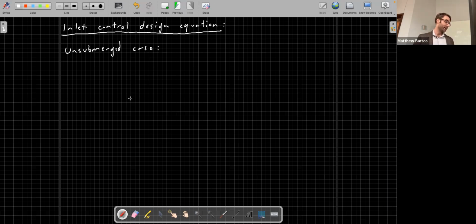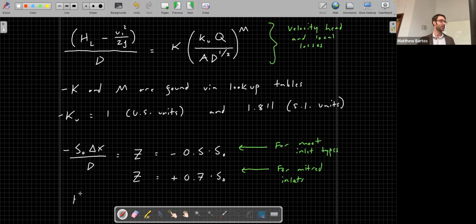We have that HW divided by D, and I'm just going to write HW sub I to indicate that it's inlet controlled. We have that the headwater depth divided by the diameter of the culvert is equal to capital HC over D.